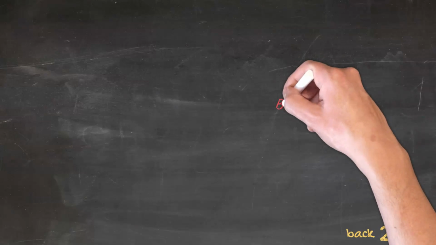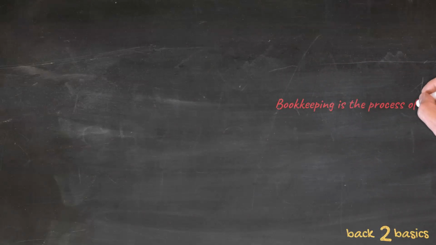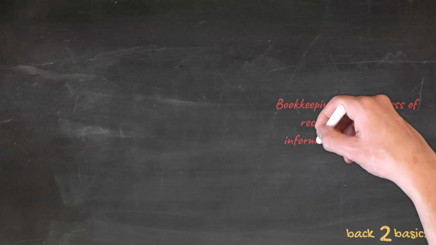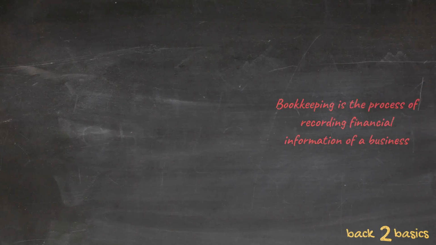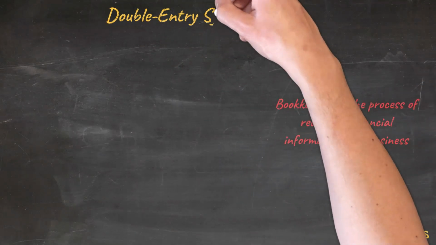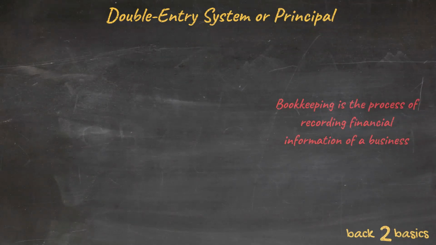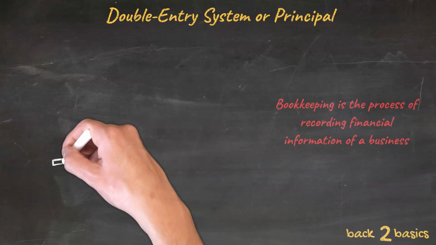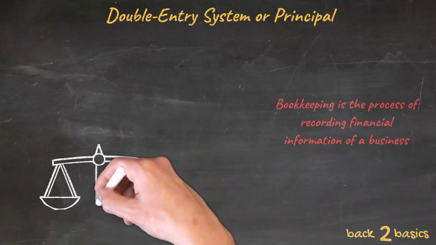Okay, so we already know that bookkeeping is the process of recording financial information of a business, and the double entry system is used to record this information. As the name double entry suggests, there will be a dual effect for every accounting transaction.